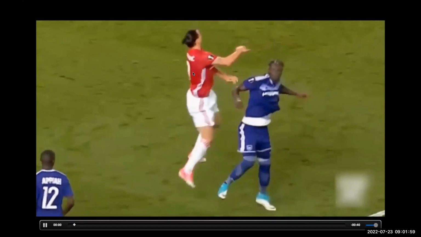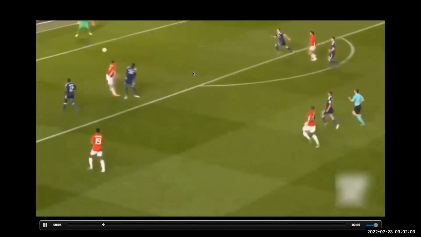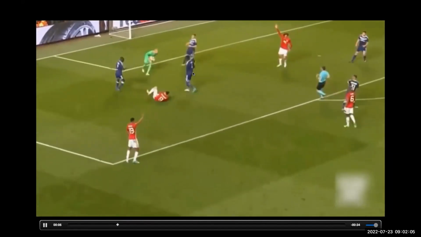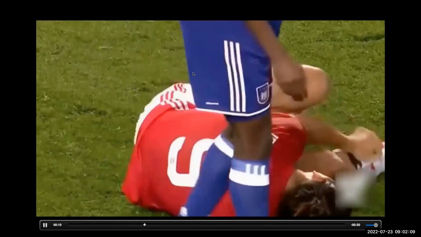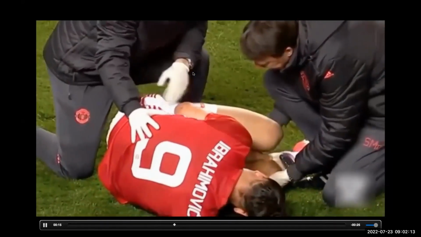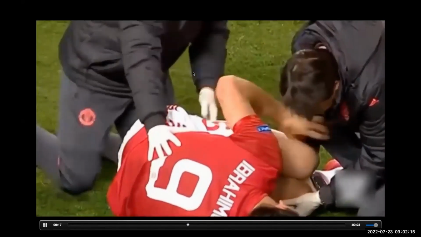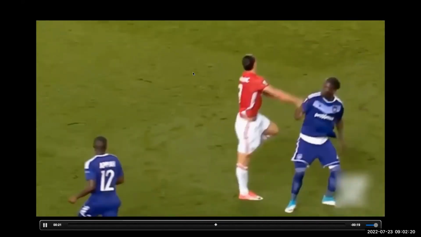This is an example of a hyperextended mechanism. If you look, he jumped, and then landed on the right knee, not properly. He landed, the knee became hyperextended, and the injury is an ACL injury. Okay, look slowly.